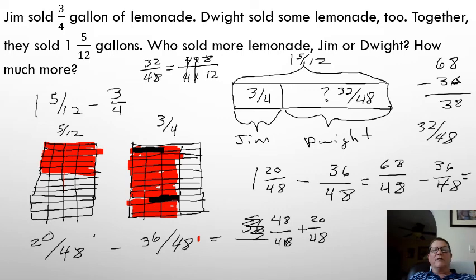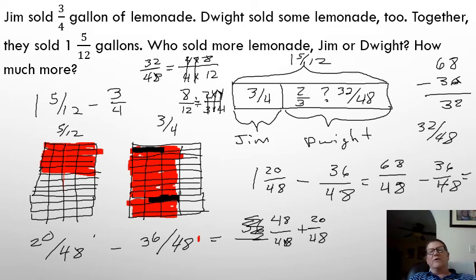Take them out. Now I'm down to 8/12. Well, I see I can still take 4s out. I go 2 times 4 here and 3 times 4 for 12. So I left it to 2/3. So I know this is also equal to 2/3.